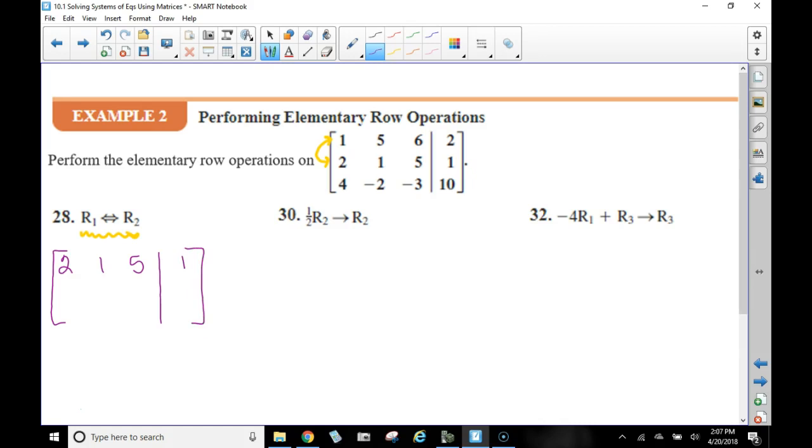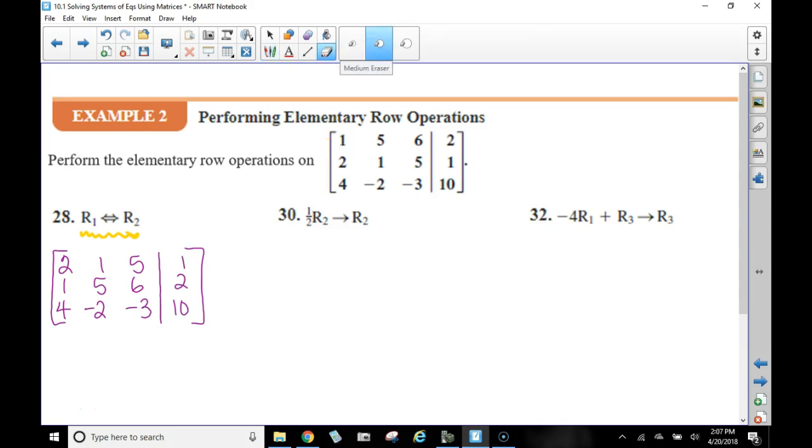Now our new row 2 is what was row 1, the 1, 5, 6, 2. And then the third row, we didn't do anything to it. It's still going to be 4, negative 2, negative 3, 10. That's it. All we did is swap row 1 with row 2.